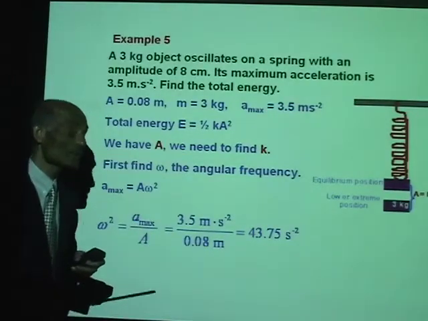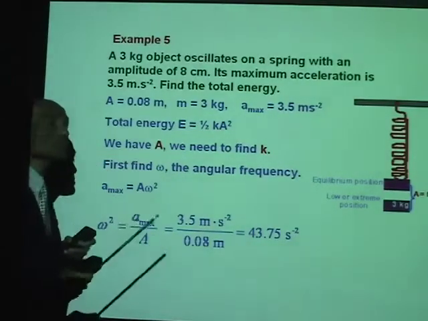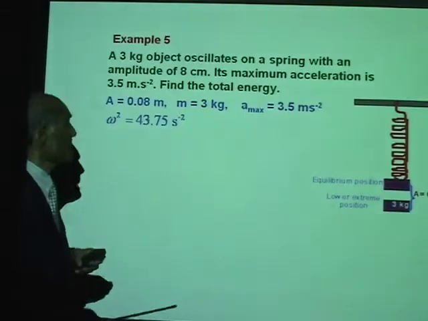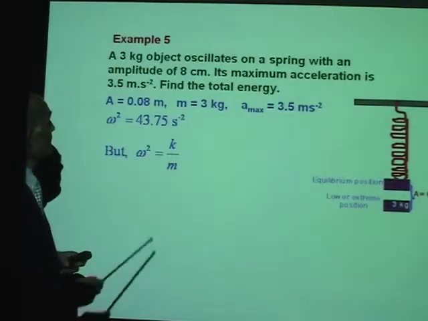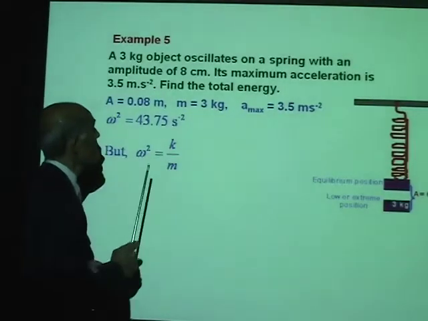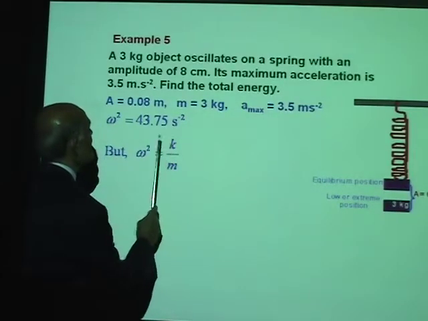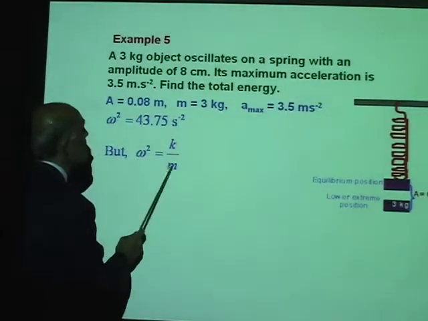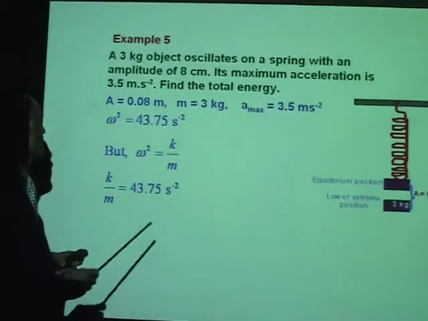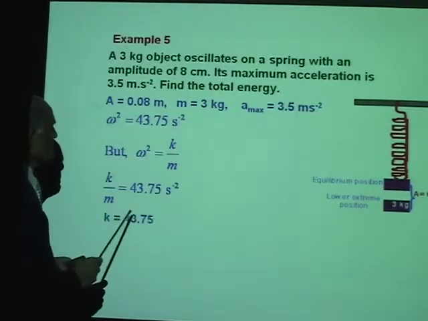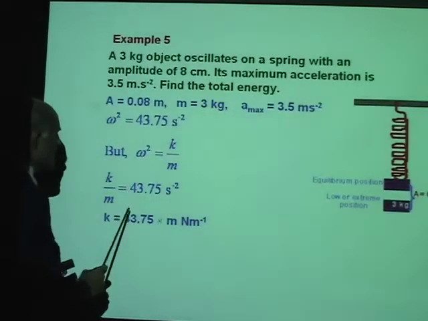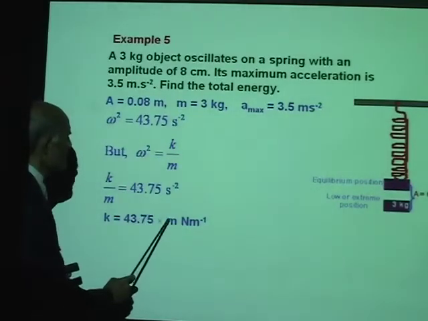Recall that again. Omega squared equal to K over M. Let's do that here. Omega squared equal to K over M. And I want to find my K. My K is M omega squared. Is that right? So K equal to M omega squared.